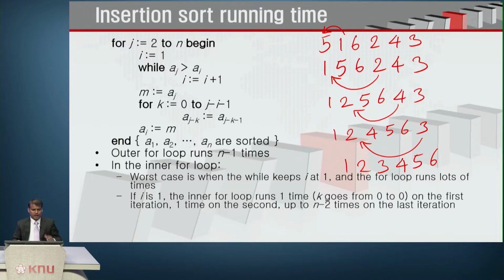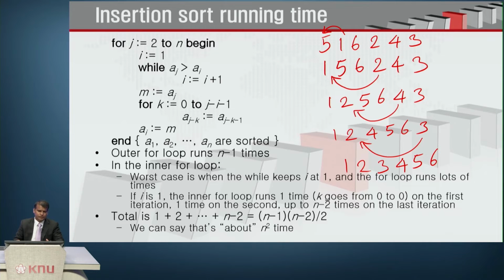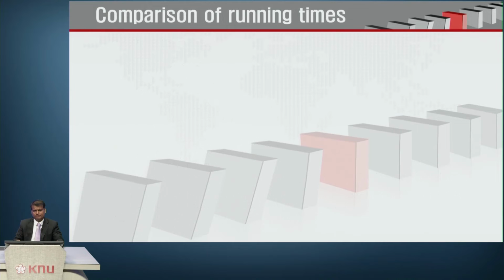It goes from one iteration to another, 2 times on the second, and up to n minus 2 iterations. So the total computation here is n minus 1 times n minus 2 by 2. So it is as if n square times.